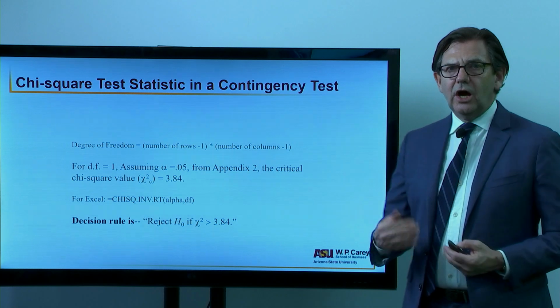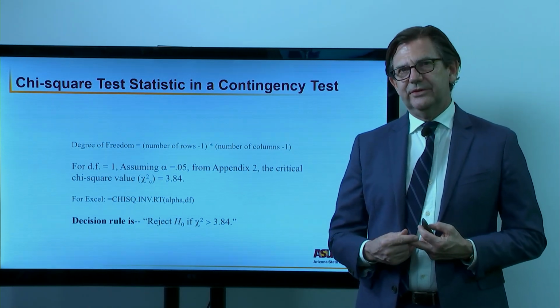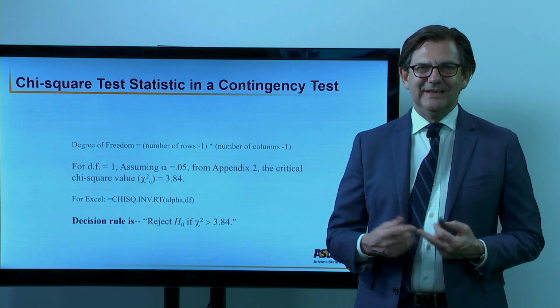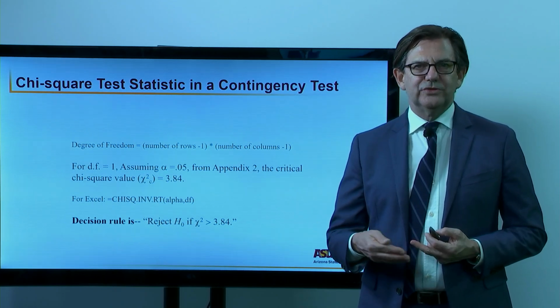This is how we're going to do this. For the chi-square statistic, it's important to know the degrees of freedom. Remember that a degree of freedom, in the vernacular, is how free the values want to be.